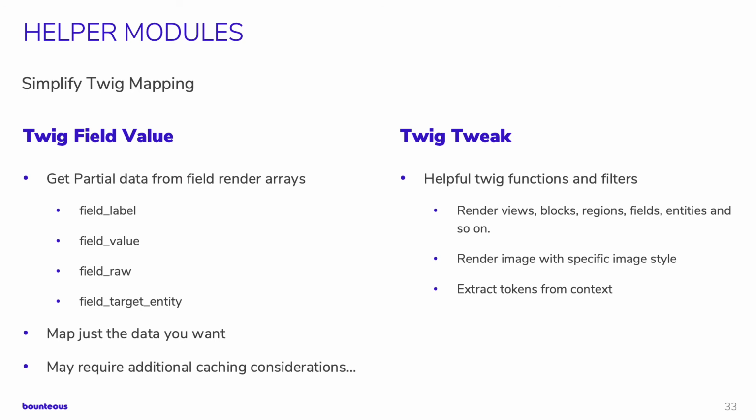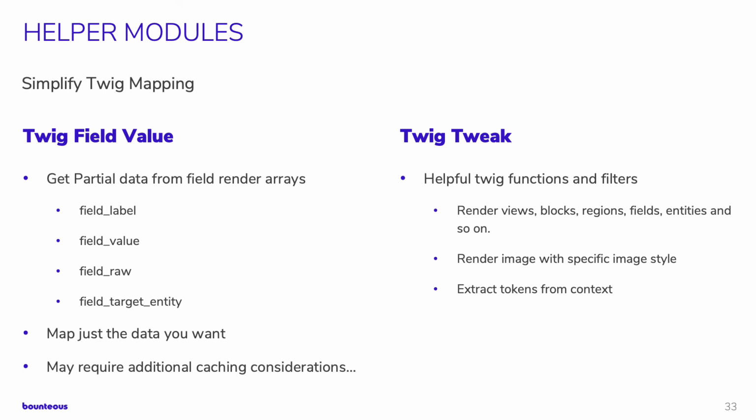So there are a number of tools that can help make this mapping process easier. A couple of helper modules that will help with mapping are Twig field value and Twig tweak, that I use pretty frequently on projects. Twig field value lets you get partial data from field render arrays. It lets you get the label. You can use field value just to get the value without wrapping markup.